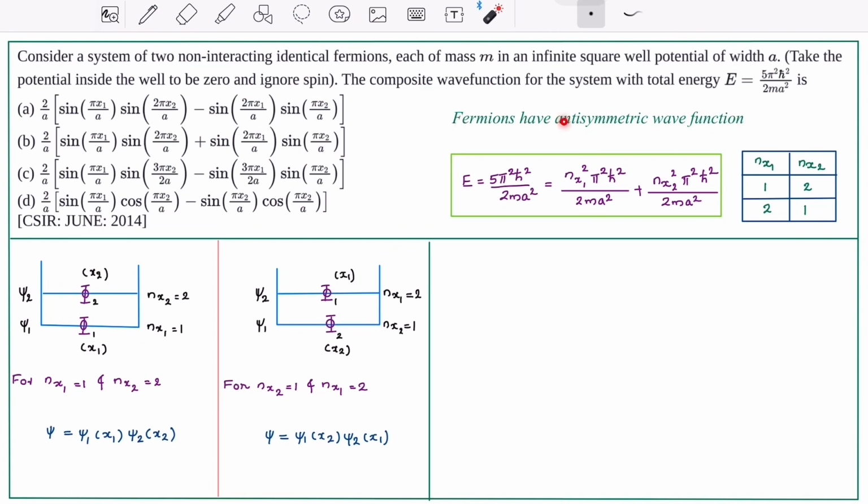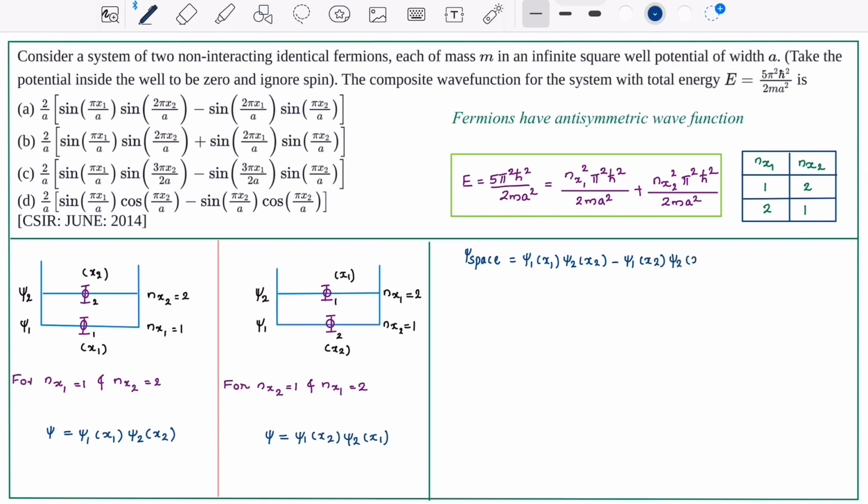Here the value of nx1² plus nx2² is equal to 5. Therefore we can say that either nx1 equals 1 or nx2 equals 1, and vice versa. Since the fermions can be distributed in two different ways, we can have the composite wave function. Now in the case of fermions, they have the antisymmetric wave function.